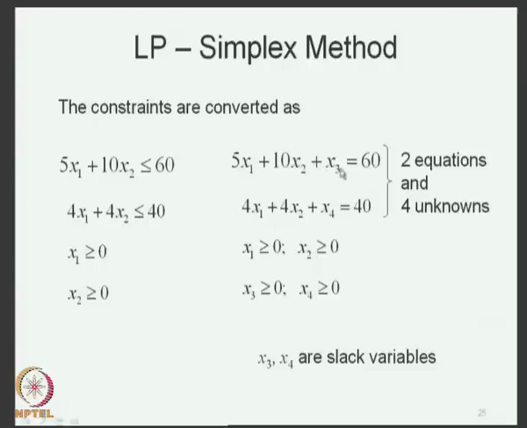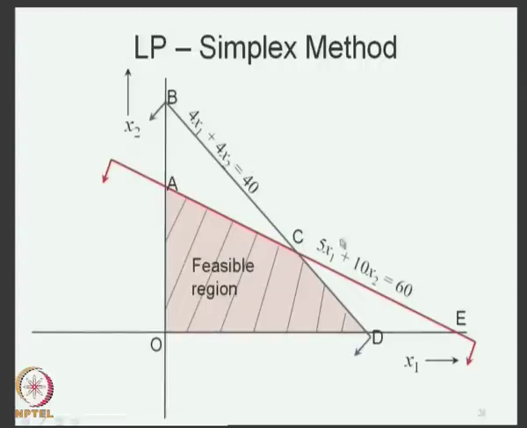So, what happens in the process? You have 2 equations and 4 unknowns. So, m is less than n, and all your variables are greater than or equal to 0, which is the non-negativity condition. So, x3 and x4 are the slack variables. Let us look at what all these corner points and the points which are intersecting with the x1 and x2 axis correspond to.